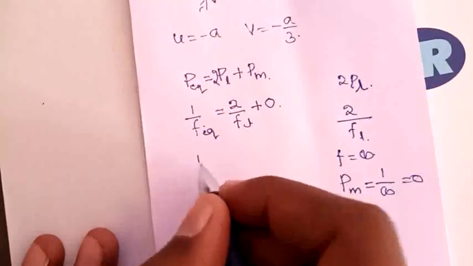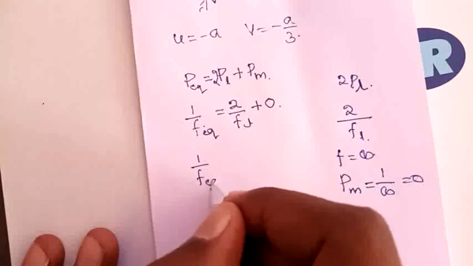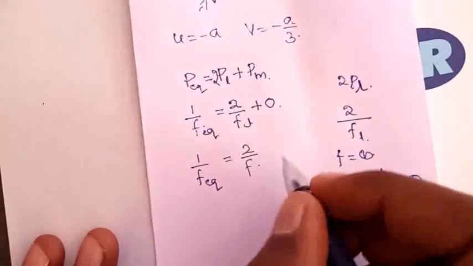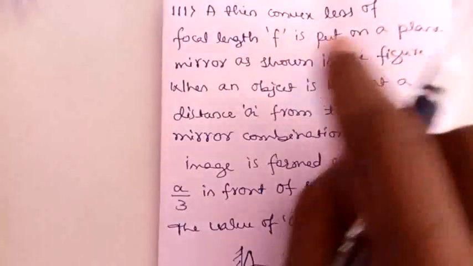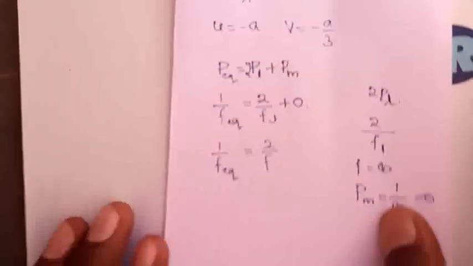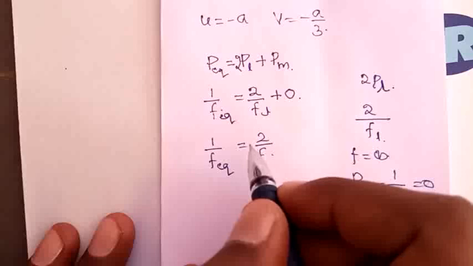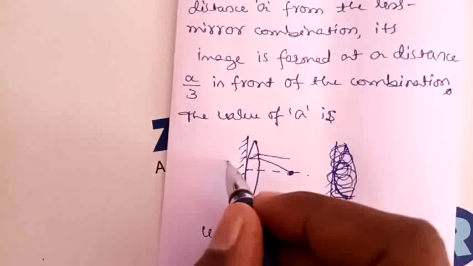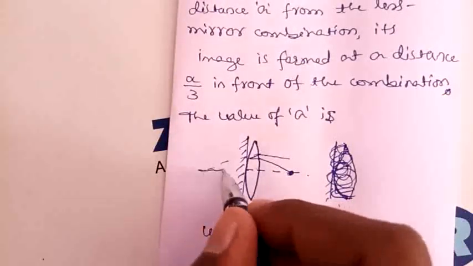Then 1 by equivalent focal length is equal to 2 by f. So in 2 by f, what is f here? F is nothing but the focal length of the lens in contact with the plane mirror, okay. Next, we have to take it as negative or positive. We have to take it as negative because after refraction the refracted ray appears to have come from a point at the left side now.